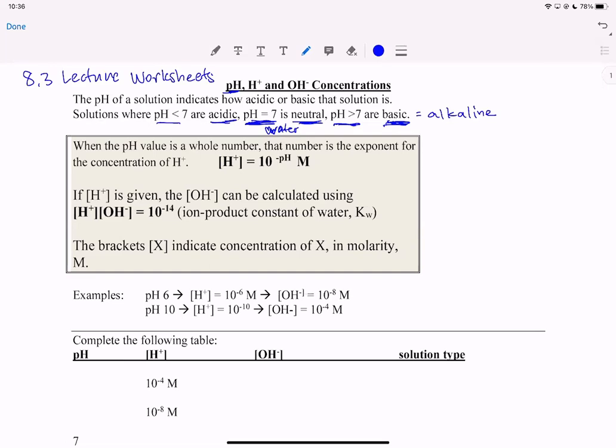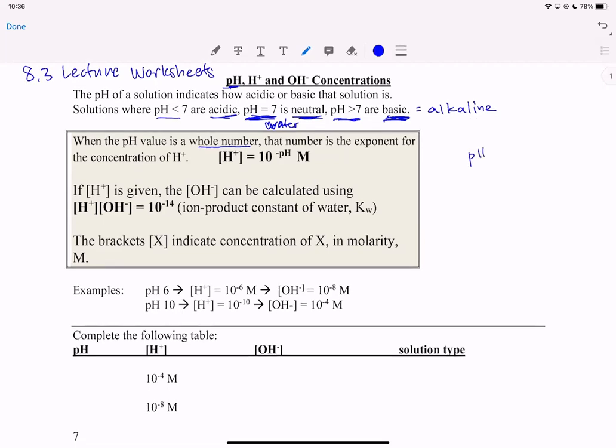And here is how pH is calculated in a simple manner. When you have the pH value as a whole number value, so not a decimal value, that pH becomes an exponent as the power of 10. And that power of 10 describes the concentration of hydrogen. pH actually stands for power of hydrogen.